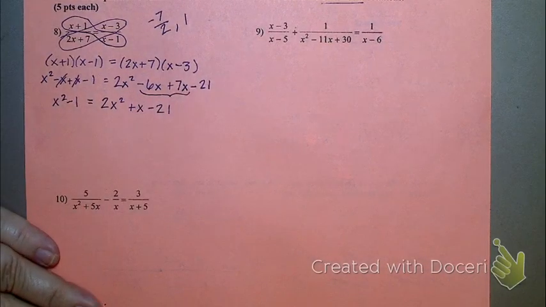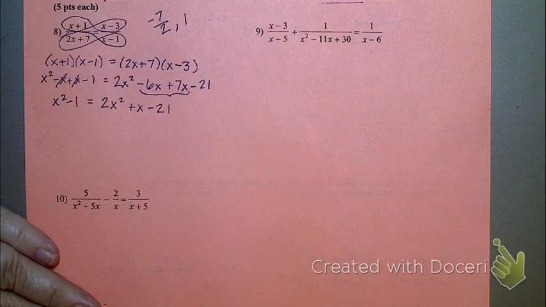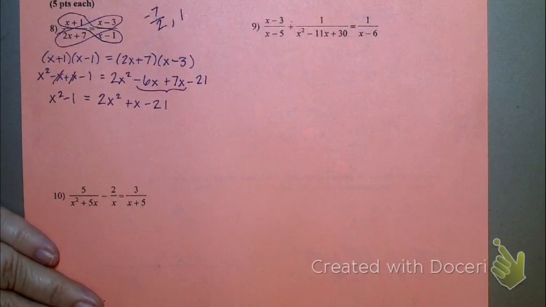Now, with many of the solving problems, you're going to end up with an x squared. And your rule when you have the x squared is get everything to the same side, so it equals 0, and then factor to get your answers. So I need to move everything to the same side. I want my a value to remain positive for factoring.